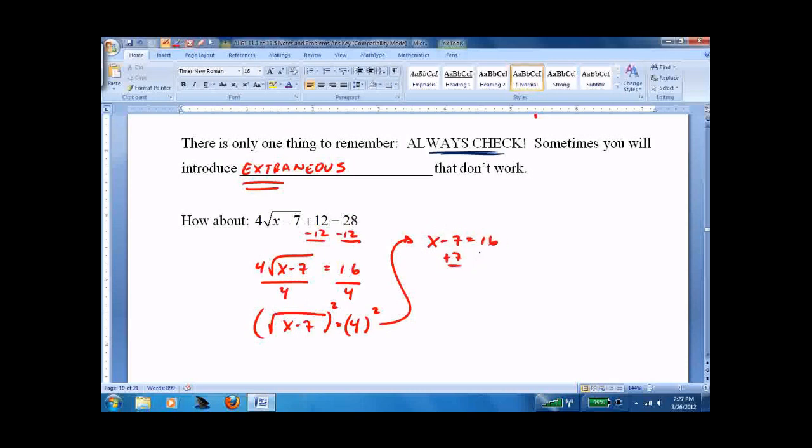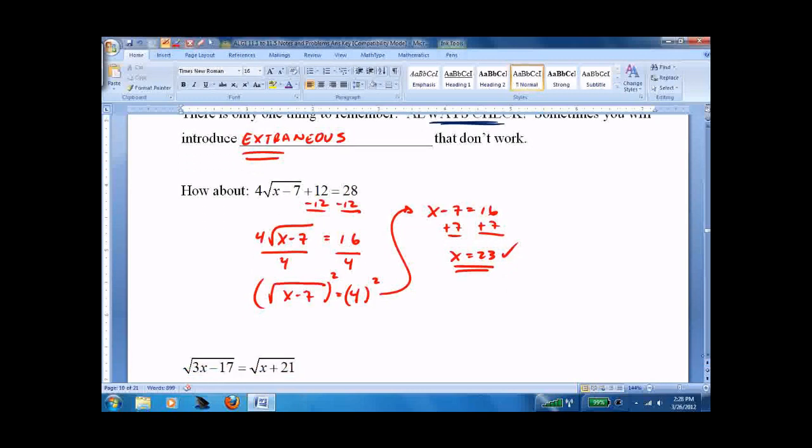Keep going. We get 23. 23 minus 7 is 16. Square root of 16 is 4. 4 times 4 is 16. Plus 12 is 28. It works. There were no extraneous solutions. Extraneous solutions usually pop up only when you introduce a quadratic into the situation, which you will see shortly.